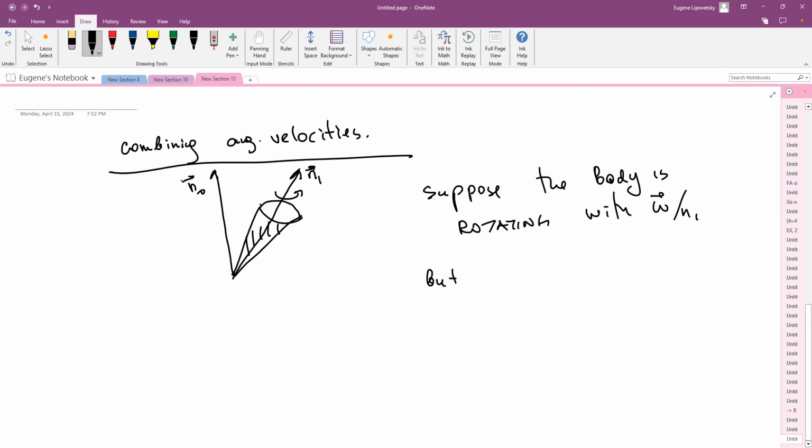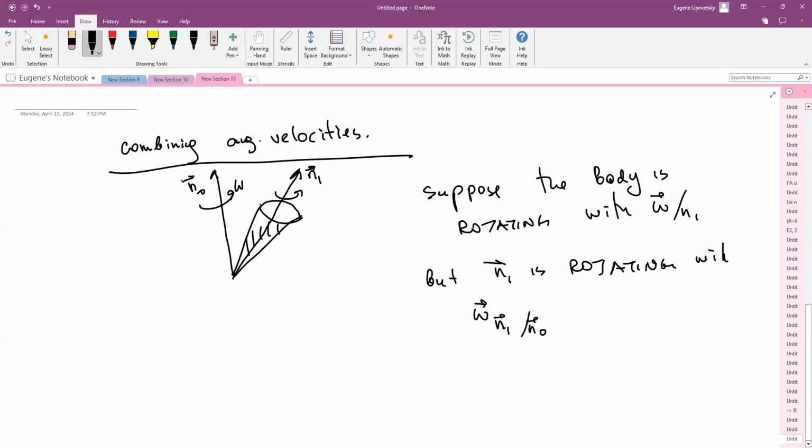But N1 also is rotating with angular velocity omega of N1 relative to N0.